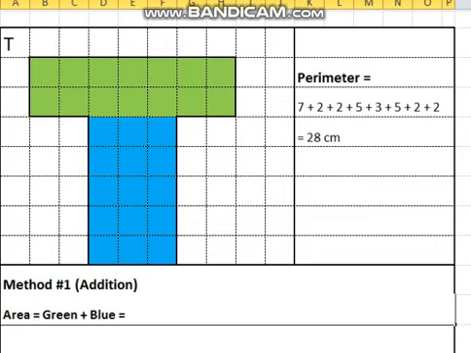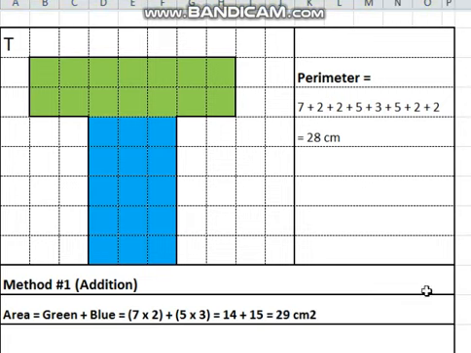The green is 7 times 2, and then plus the blue is 5 times 3. Now 7 times 2 is 14, and then plus 15, and then we get 29 square centimeter.